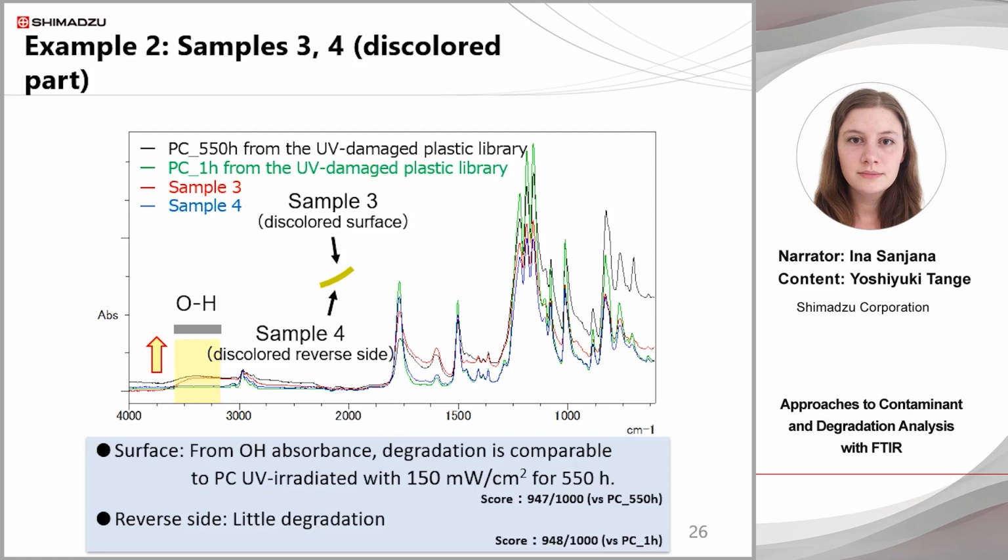The absorption of the OH stretching vibration at 3300 was similar. That is, the degree of degradation is comparable to that of polycarbonate irradiated for 550 hours in an ultra-accelerated weathering tester. However, when we measured the reverse side of the discolored part, we found that there was almost no deterioration. Only the surface is degraded, even for the discolored part.